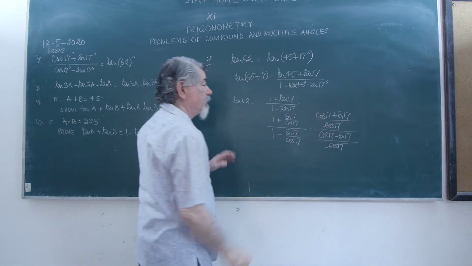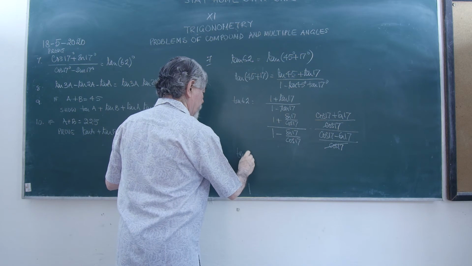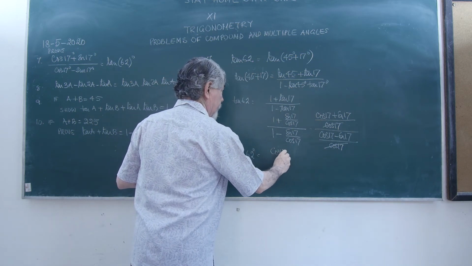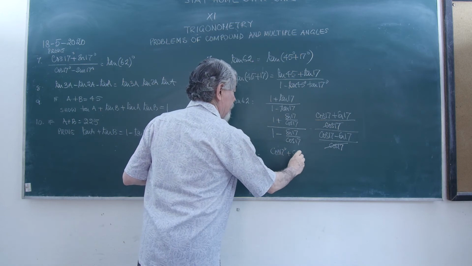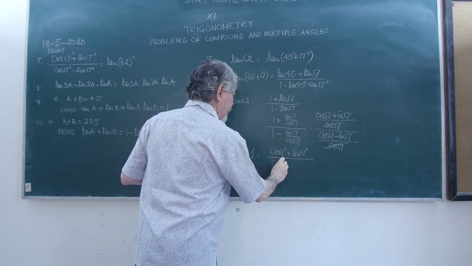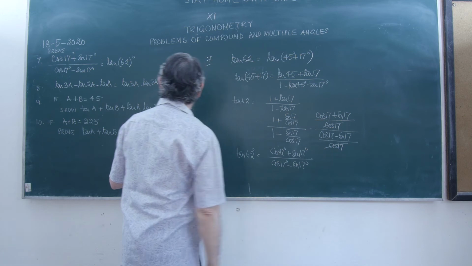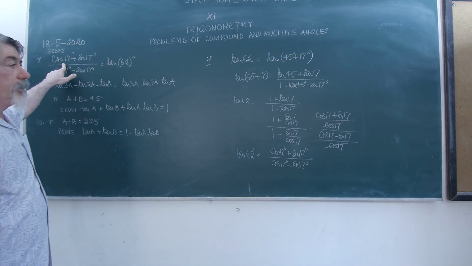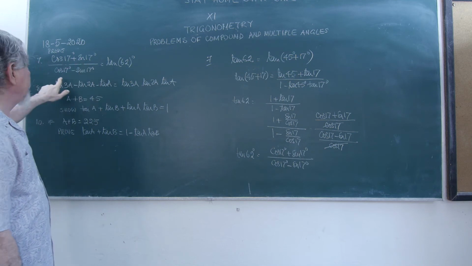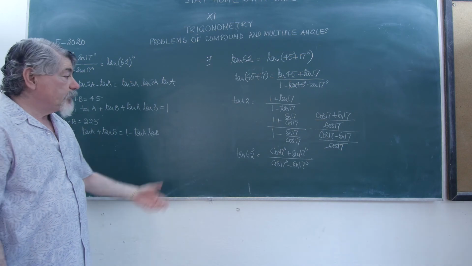This will cancel. You will get tan 62 equal to (cos 17 + sin 17) upon (cos 17 − sin 17). That is what we wanted to prove.